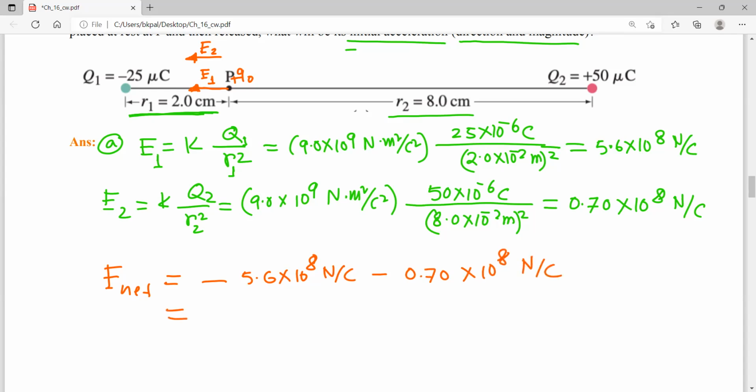Okay, so negative 6.3 times 10 to the power 8 Newton per Coulomb. Okay, and this negative sign tells us that the direction is to the left. The net electric field's direction is to the left.